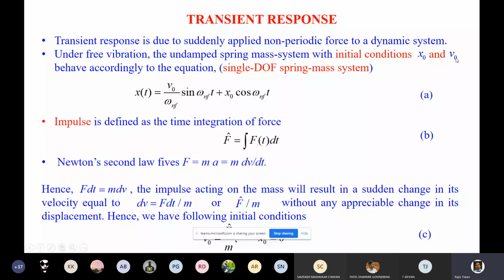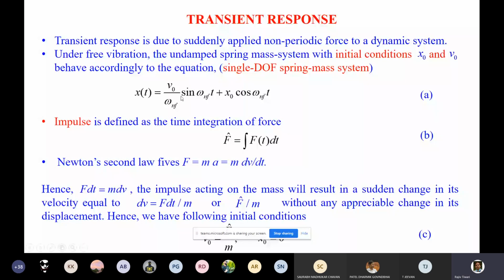This is a typical free vibration; you must have studied the expression earlier. x(t) is equal to A sin omega n t plus B cos omega n t. A and B have been obtained based on the initial conditions, so v naught and x naught have been used to calculate A and B.